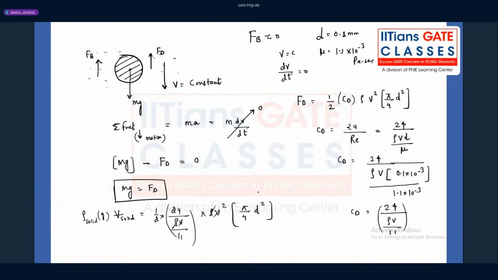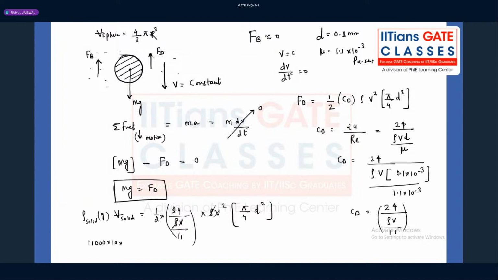What is the density of this particular object? It is given as 11,000, into 10. What is the volume of the sphere? Everybody knows: 4 by 3 pi r cube.